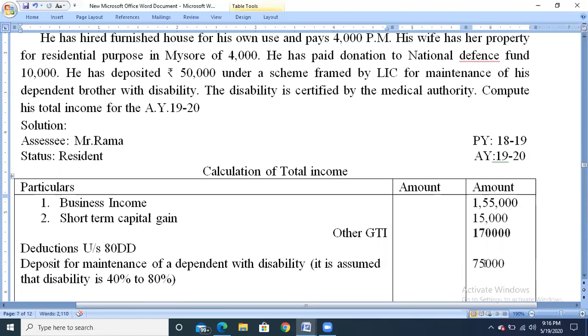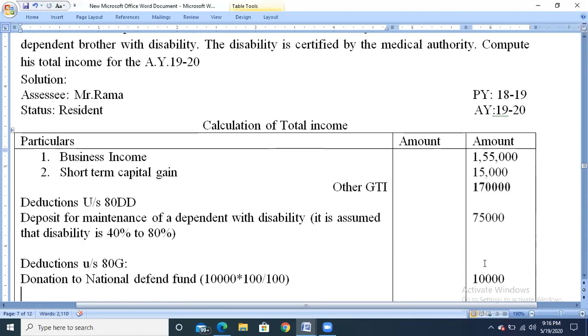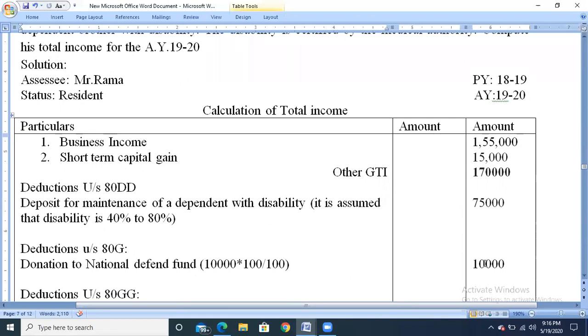Next, deductions under section 80G. They have only given the amount called donation to National Defense Fund. Such an amount is eligible for 100% deduction without any ceiling limit. We need to check whether the donation is classified under the ceiling limit or without ceiling limit, and based upon that, we need to do the calculation.